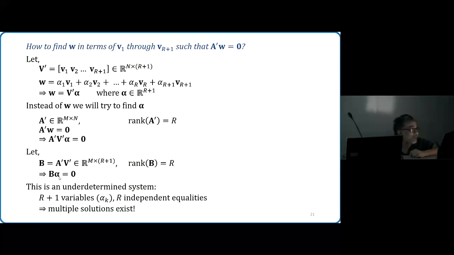Alpha. Okay, and we are trying to find alpha, which is R plus 1 dimensions, right?